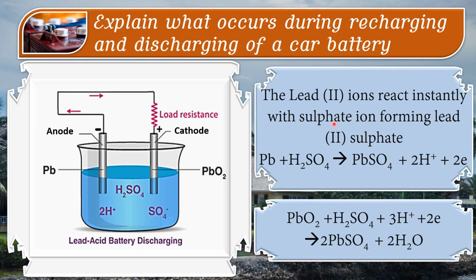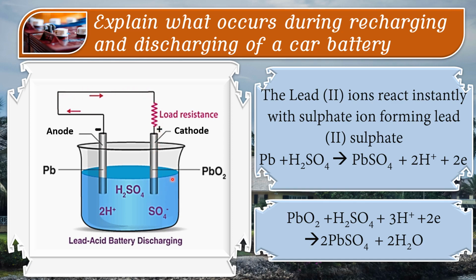So we are seeing that at the anode, the lead in the electrode dissolves into the solution to form lead 2 ions, which react with the sulfates to form lead 2 sulfate. And we have also seen that it gives off 2 electrons, which will move into the wire and go to the cathode.